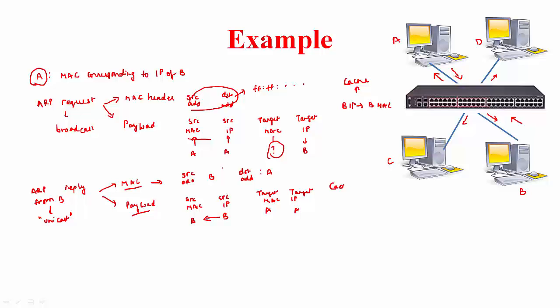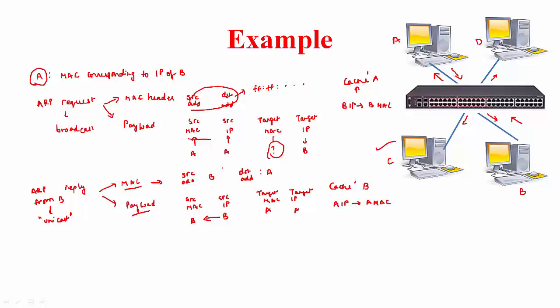Similarly, this is A's cache, and the cache at B will also contain an entry that says A's IP maps to A's MAC. It's useful to maintain this in B's cache because A is doing ARP to send some higher layer packet. Very likely B will have to respond to that particular packet. So it might as well know what the MAC address corresponding to A's IP address is. So this information is also maintained in B's cache.